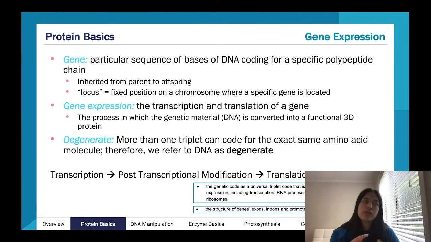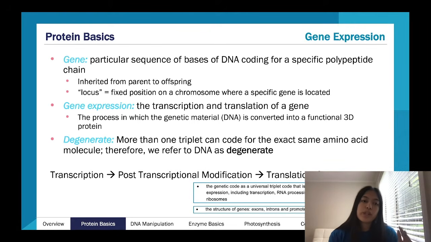Don't just memorize that transcription and translation are part of gene expression. Think, what is gene expression? We've got our DNA, which is in our little nucleus, giving us the instructions for everything we need to do. And how we get that information and take it into a protein that actually performs that action, if that sort of makes sense.